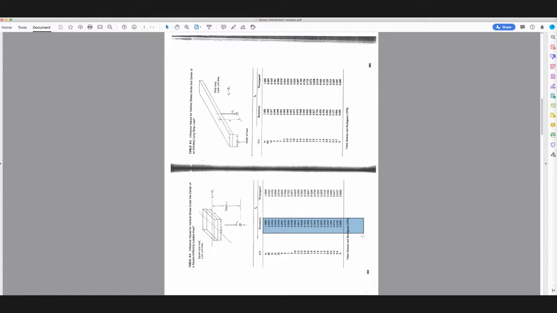A neat thing about this table, both of these on this page, by the way, is that it compares side-by-side the Boussinesq and the Westergaard solutions. And you do find that there's considerable difference in places. I mean, here we have 0.51 as your influence factor versus 0.33. So that's considerable. That's going to make a difference on settlement calculations, most certainly.